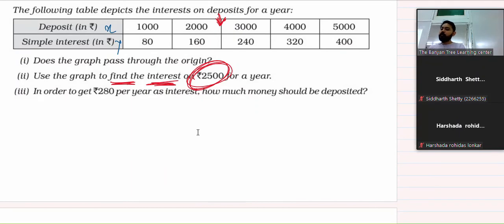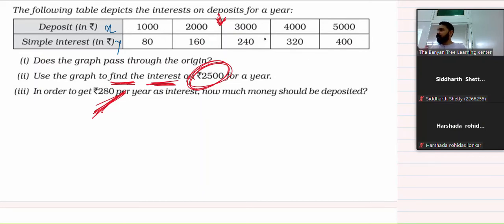In order to get rupees 280 as interest, how much money should be deposited? Now the interest is given to you, 280 is the interest. You want this interest. Where will you start from? The y-axis, that is interest. And from there we'll draw what kind of line?